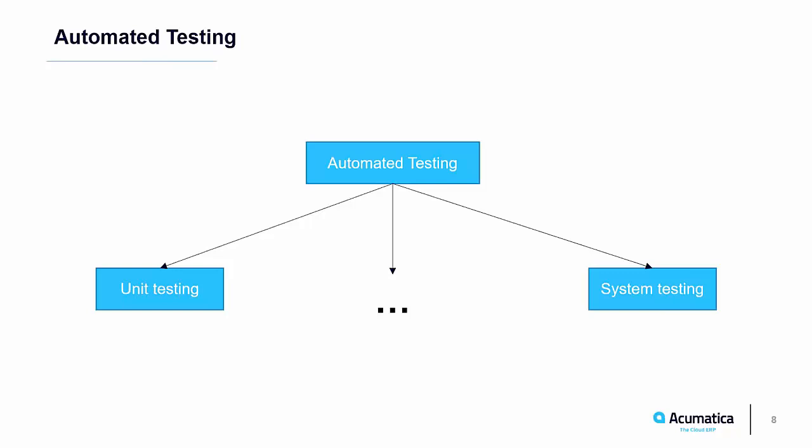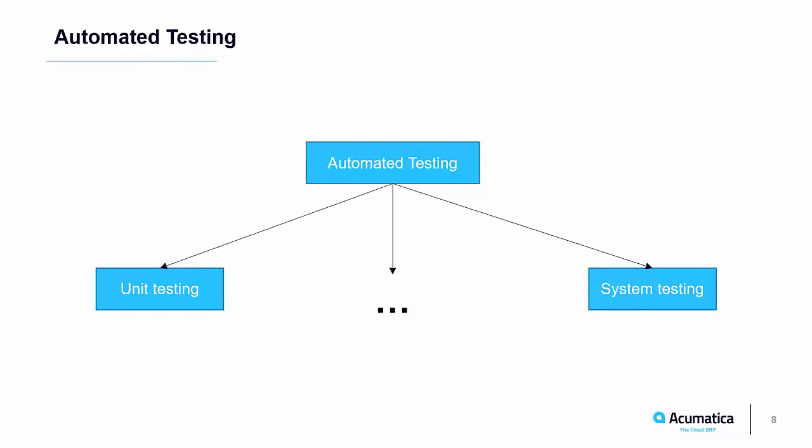On one side of the spectrum, as we've already seen, we have unit testing. Unit testing allows you to have tests that a developer can execute, and the developer doesn't need to wait till the needed infrastructure is free, till the QA engineer runs the test.